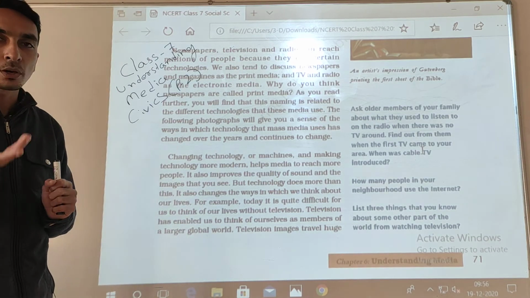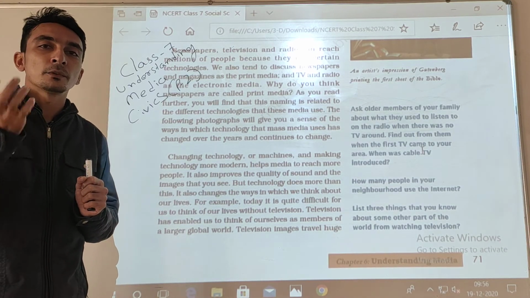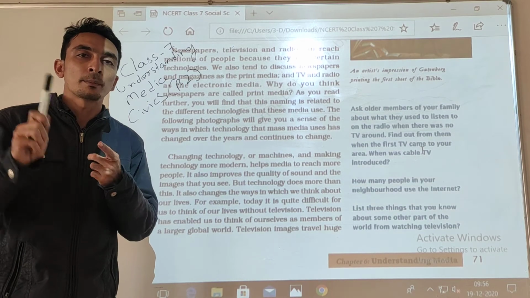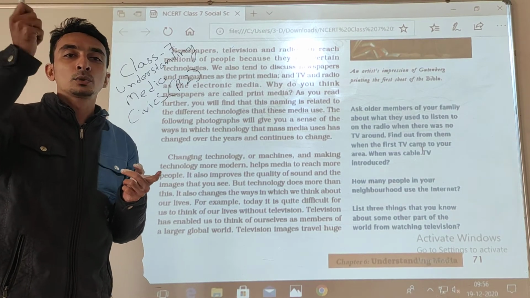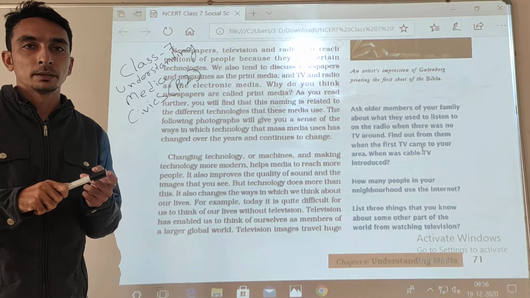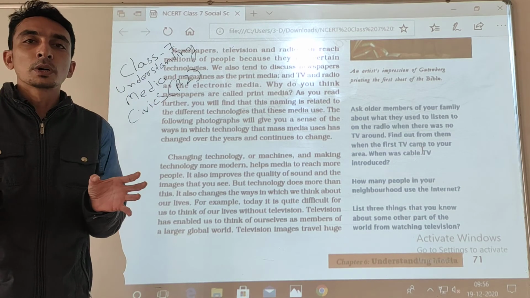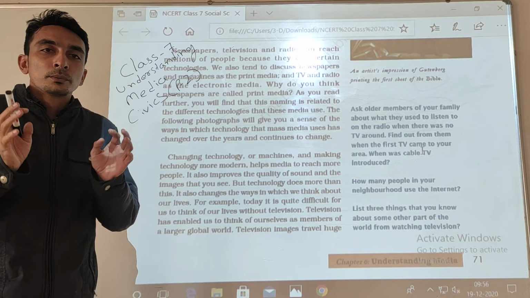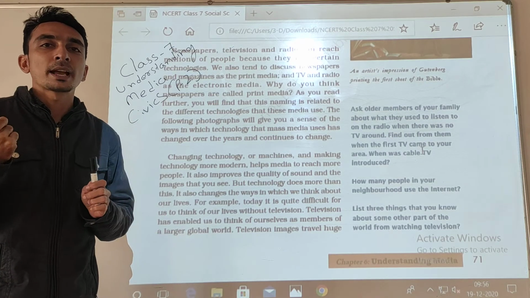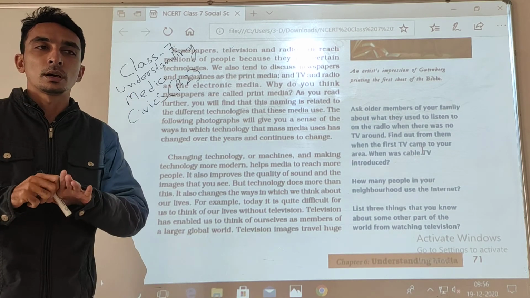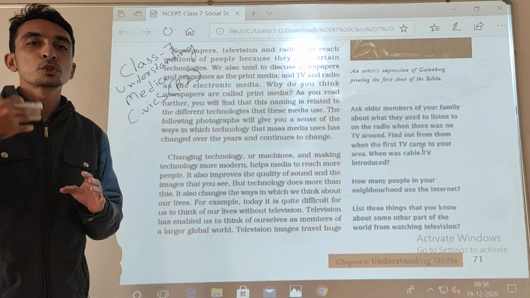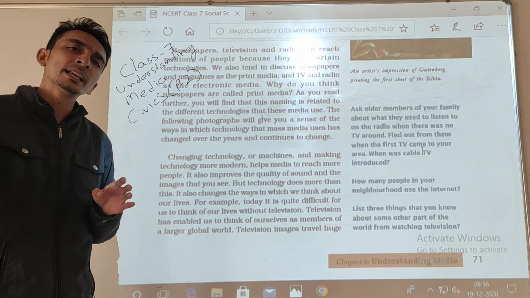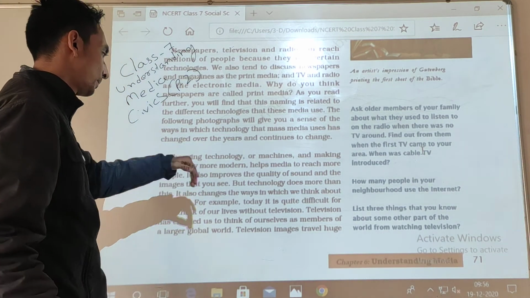Within a fraction of a second, not minutes, you can convey your message to 200 to 400 people, right? If you have a Facebook account, within a fraction of a second, you can post your message, you can post your idea, and it can reach numbers and numbers of people.